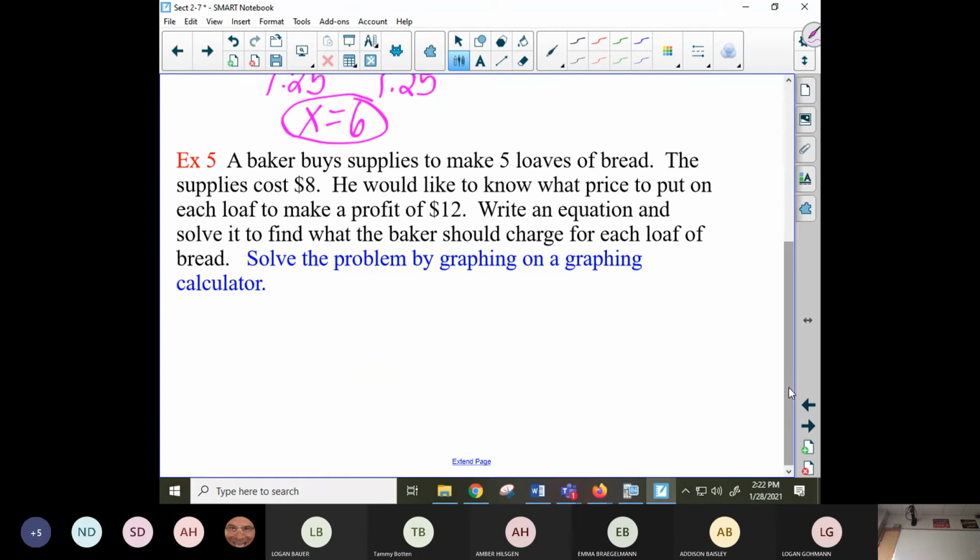Okay. This next one says, a baker buys supplies to make 5 loaves of bread. The supplies cost $8. He would like to know what price to put on each loaf to make a profit of $12. Write an equation and solve it to find what the baker should charge for each loaf of bread. So again, we're gonna let X equal the money for each loaf of bread.